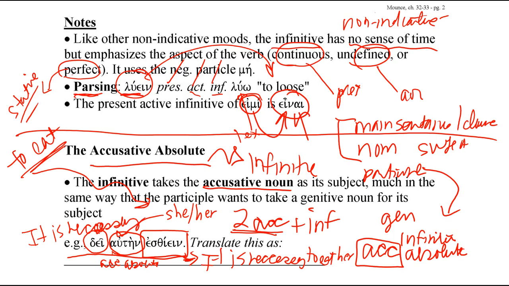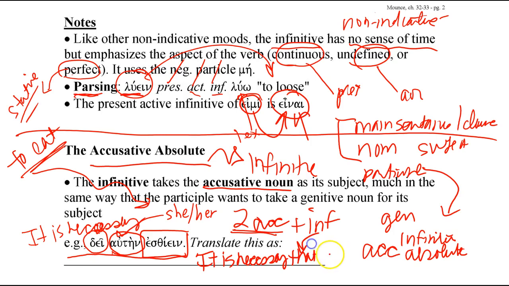Then how do we render this into English? We turn the infinitive phrase into a clause. So the best translation for this, it is necessary that, I'm going to put in parentheses, that she continues to eat.